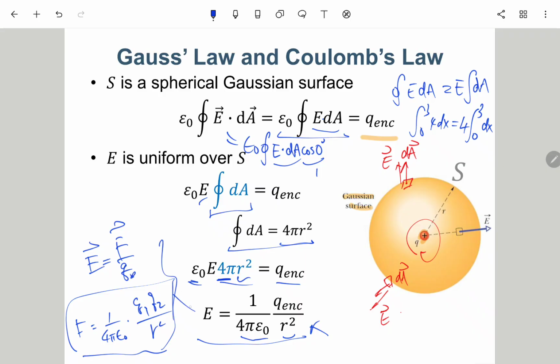So with these two we can get this one, which is also compatible with Coulomb's force. Based on the same situation, we can use Gauss law to derive the same equation, which means that Gauss law and Coulomb's law are compatible, or equivalent, to each other.